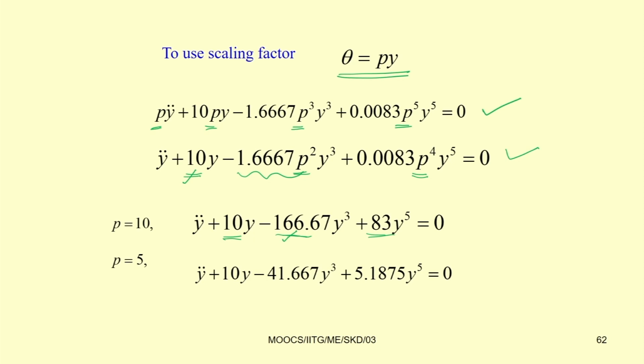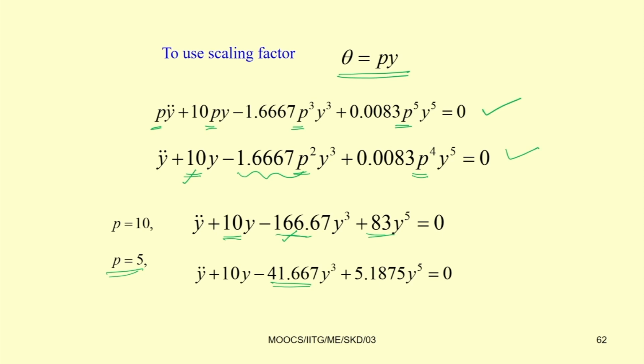So, now what can we do? Let us take some other number. By taking p equal to 5, you can see this 166 now reduces to 41.667. So, this equation now becomes y double dot plus 10 y minus 41.667 y cubed plus 5.1875 y to the power 5 equal to 0.